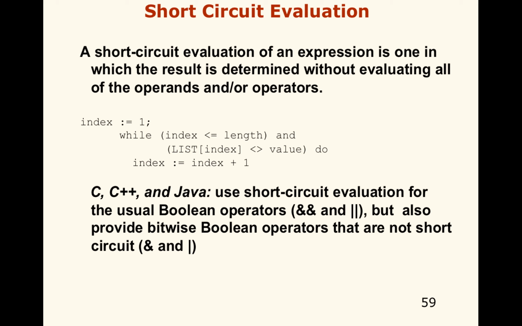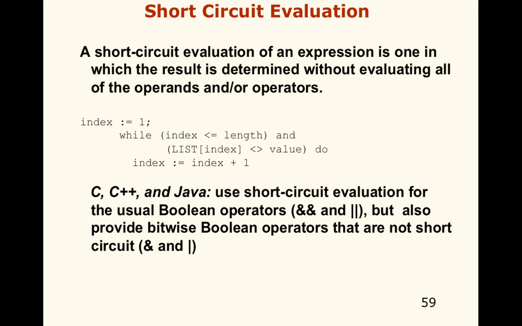In C, C++, and Java, you use short-circuit evaluation for the usual Boolean operators. So short-circuit evaluation is there all the time. It's just part of the language itself, and it's there in Python as well. The double ands and the double ors can be used with the Boolean operators, but the language also provides bitwise Boolean operators that are not short-circuited.